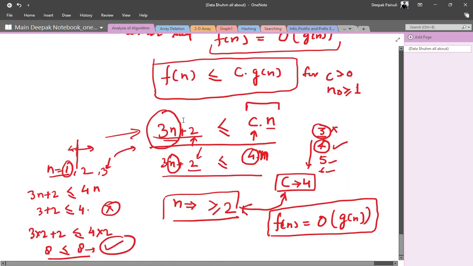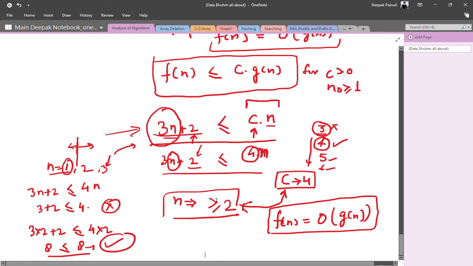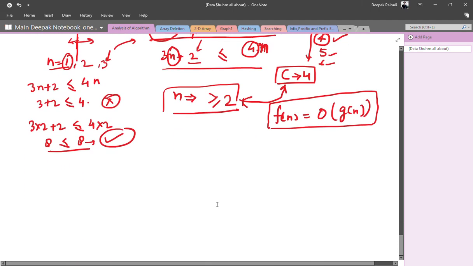Let us say our algorithmic function is 2n square plus n, and we need to find gn, which we need to find.